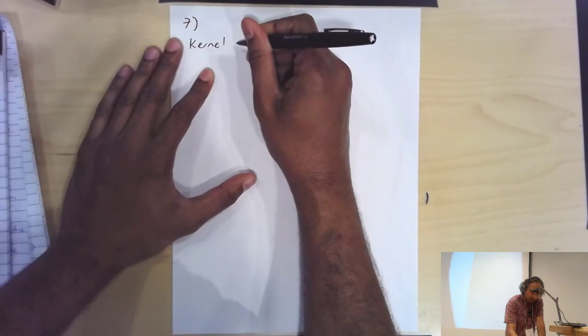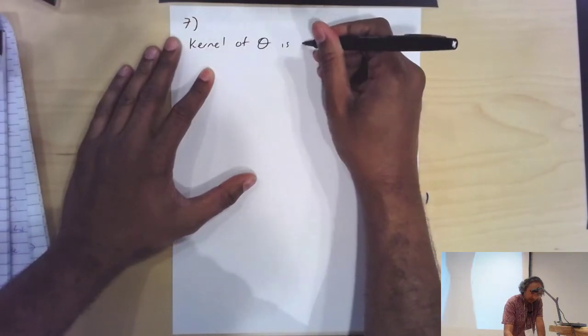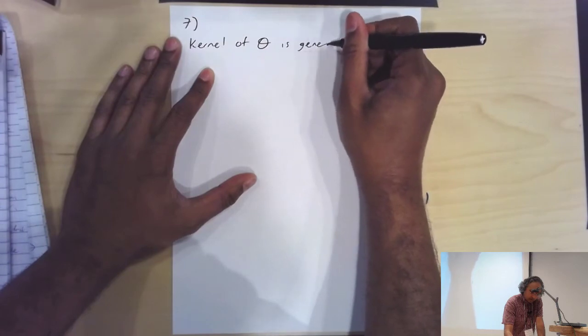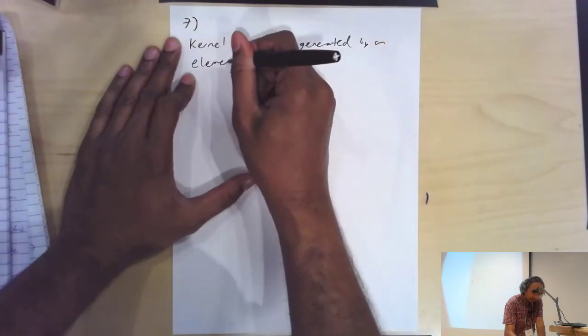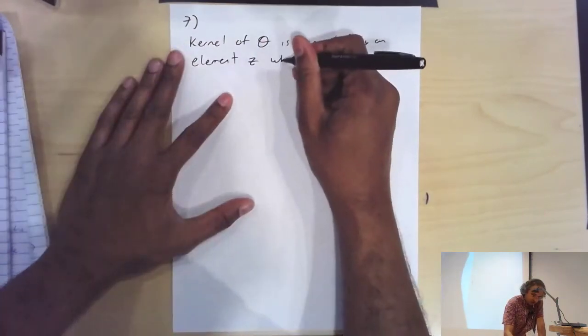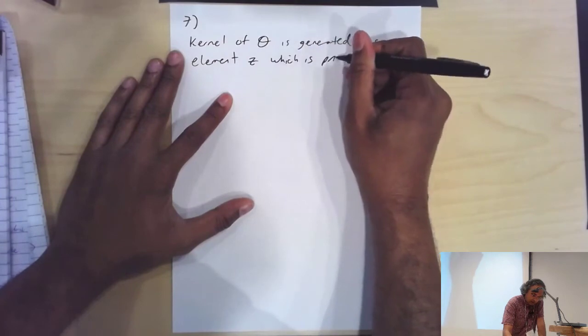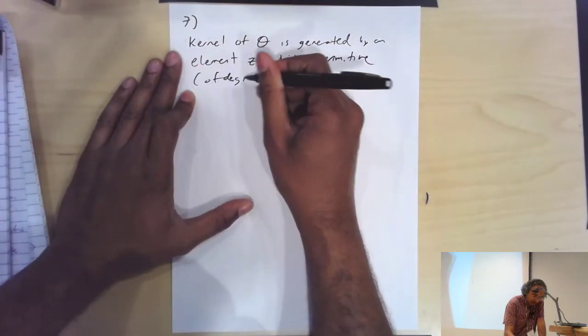So the kernel of theta was generated by some element z, which these were called primitive of degree 1 by Fontaine.